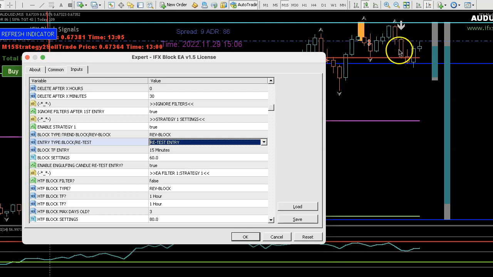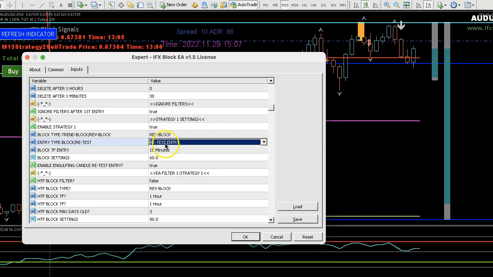We want the retest to be an engulfing candle, to be lower than this bullish candle if we're selling. And the opposite if you're buying. We want that bullish candle to be higher than that bearish candle. We want it to be engulfing to make sure that it's going our way, okay? That is pretty much what this is.